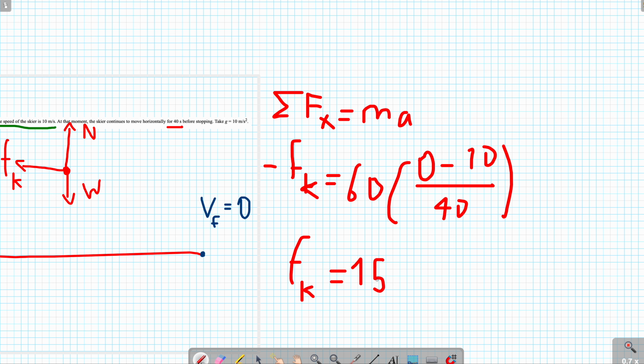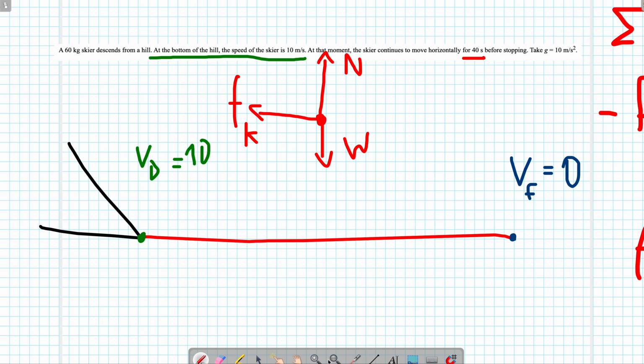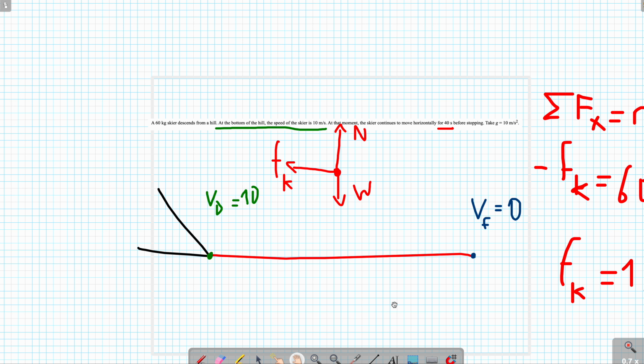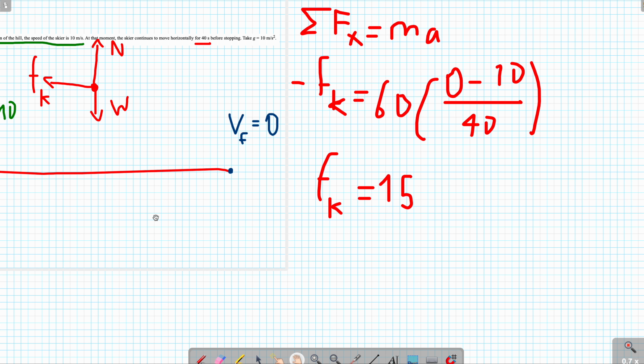Now you may ask, how do we get the coefficient of friction? Some of you may even ask, what even is the coefficient of friction? So let me introduce you to the rule of friction. Friction is equal to the coefficient times the normal, right?